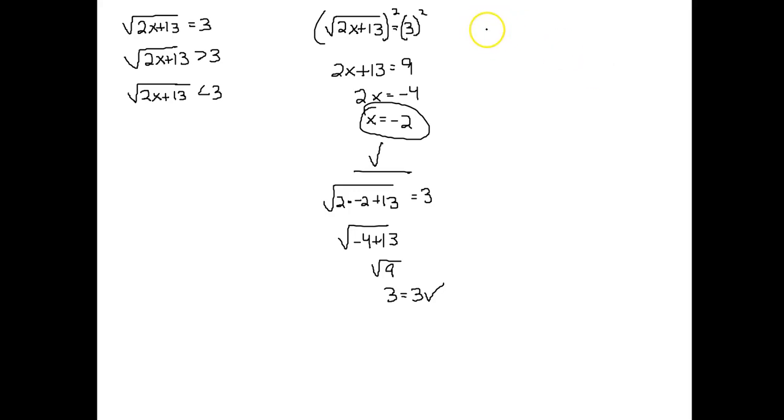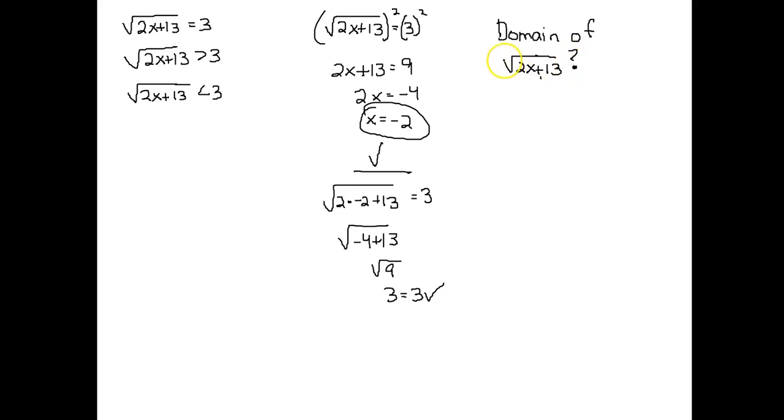But another thing you want to look at is the domain of your square root. That's going to be important when you're looking at your graphs, because when you're doing the inequalities, you got to know where your square root of 2x plus 13 either starts or ends that graph as you're trying to analyze the exact intervals to use in your solutions for the inequalities.